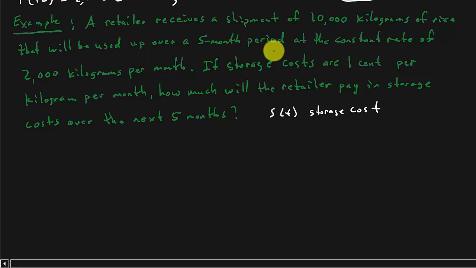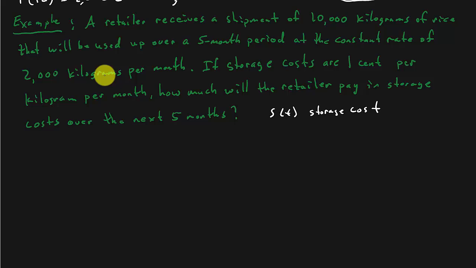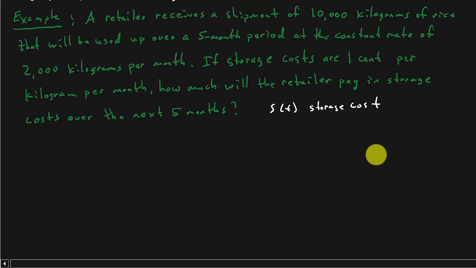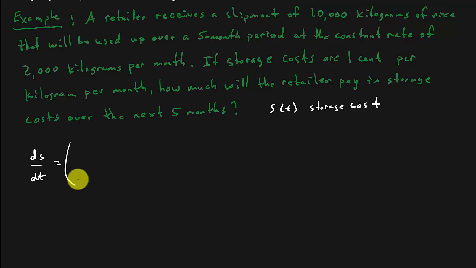It's telling us how that storage cost is changing, or we can figure that out. So if we have dS/dt, that is equal to, now let's think about what the storage cost is.